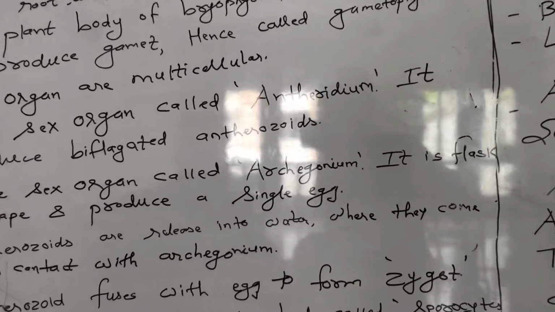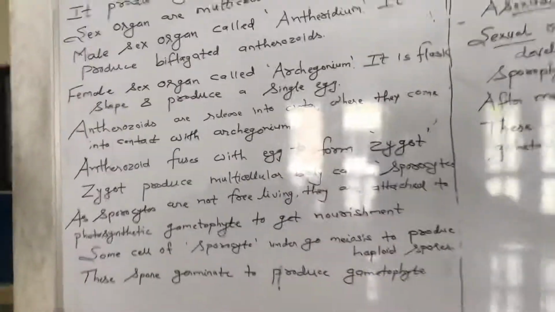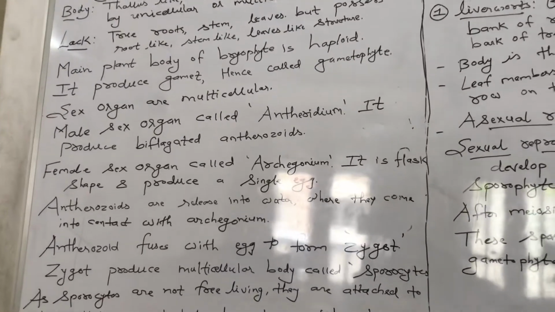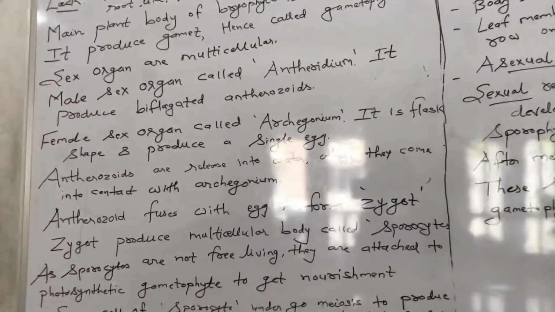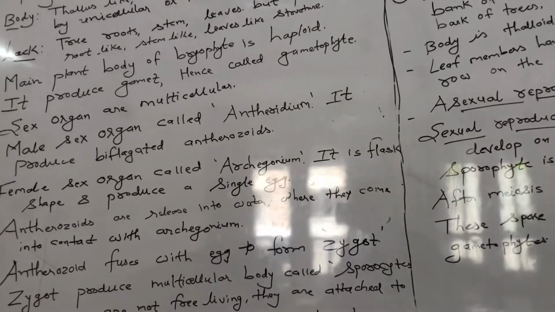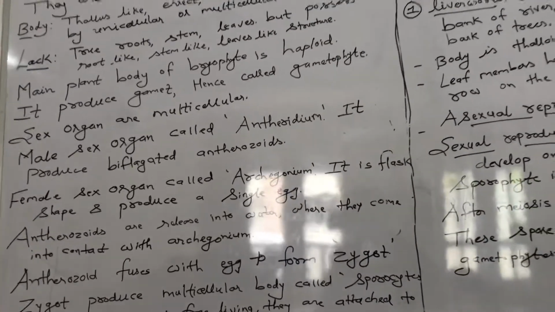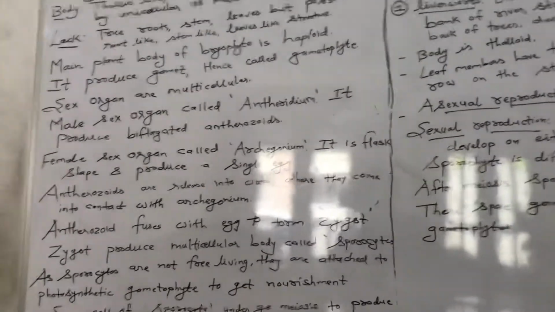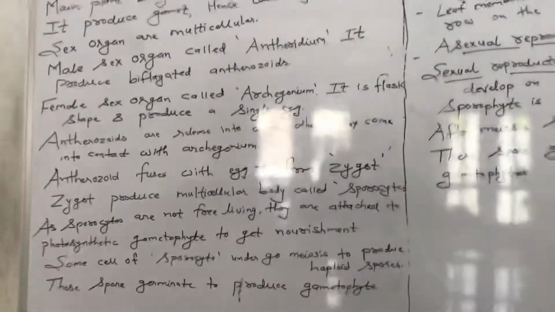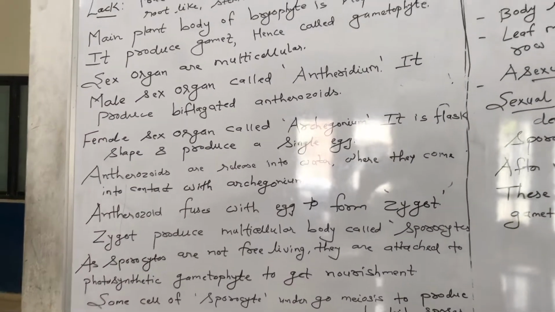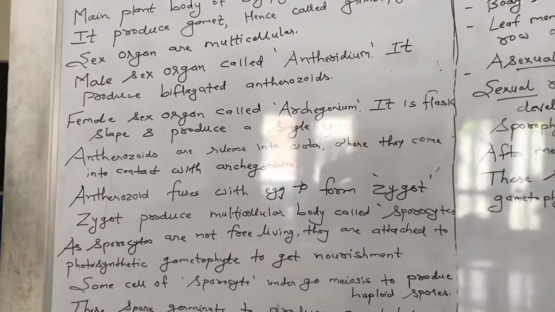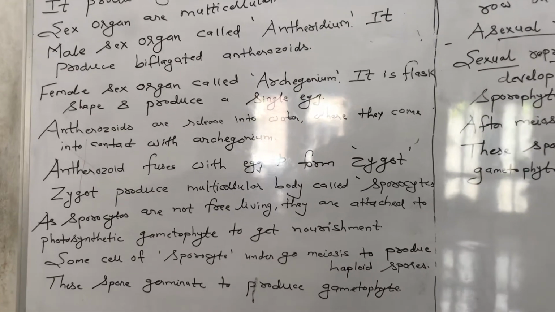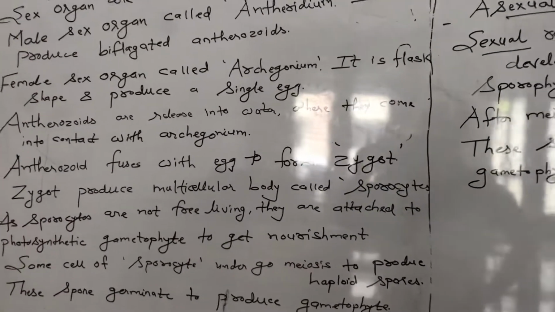When these antherozoids are released into the water, since we said that for sexual reproduction they depend on water, they come into contact with the archegonium of the female sex organ.